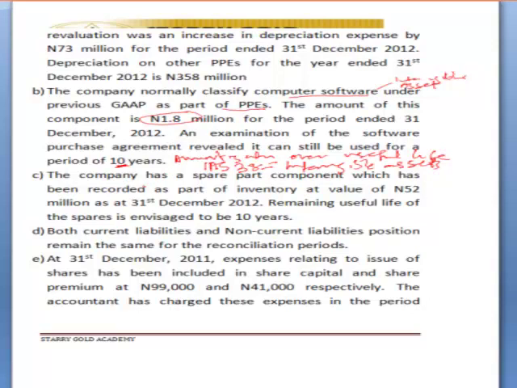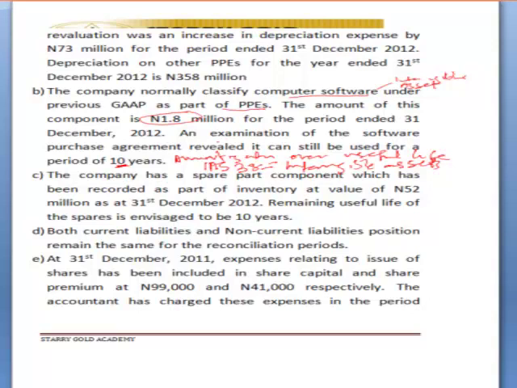Now for the C part, it says the company has a spare parts component which has been recorded as part of inventory at a value of 52 million naira as at 31st December 2012. The remaining useful life of the spares is envisaged to be 10 years.